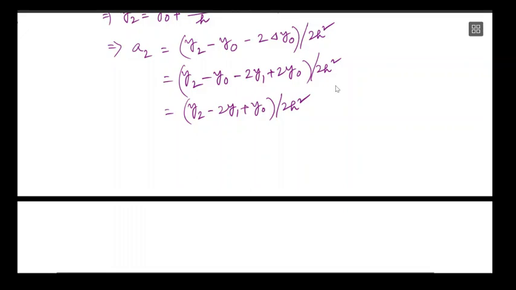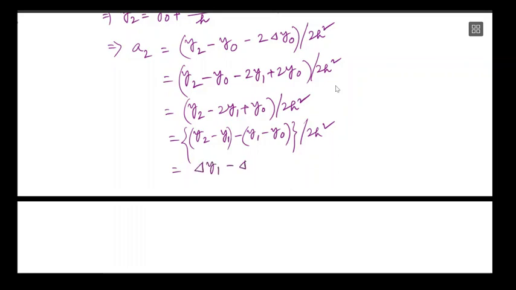Now this can again be written as y2 minus y1 minus (y1 minus y0). The first one within the first parenthesis is delta y1 minus delta y0 by twice h square, equals delta 2y0 by twice h square.